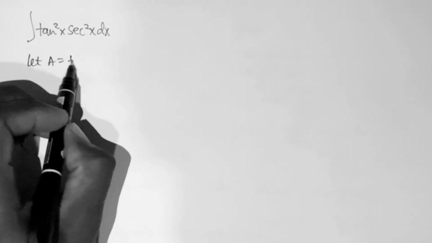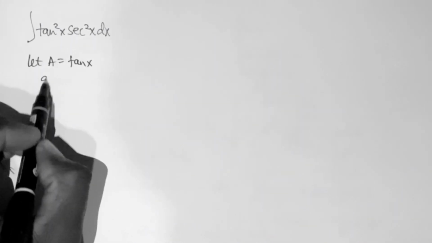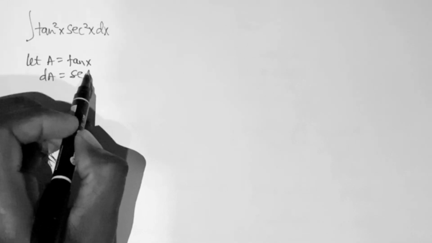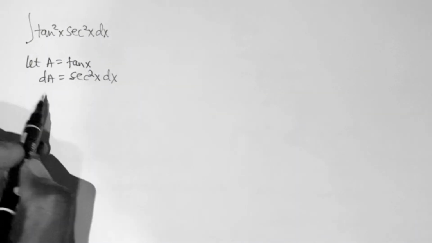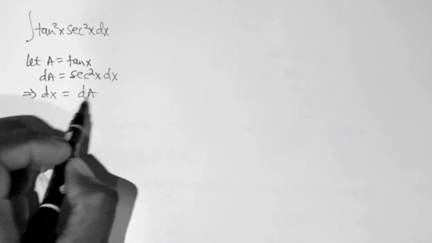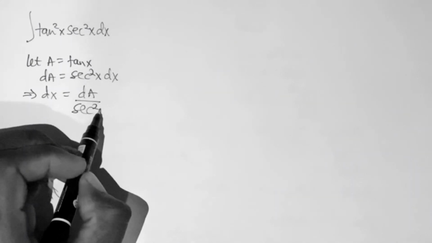So what we do is that let's let a be equal to tan x. So da is equal to, if you differentiate tan x, you get sec^2 x dx. So this implies that dx is equal to da over sec^2 x.